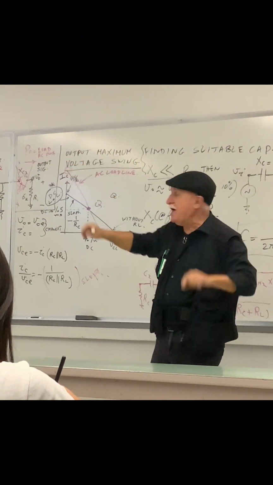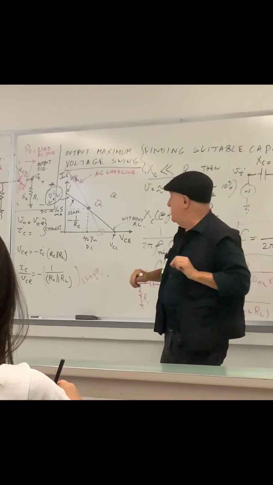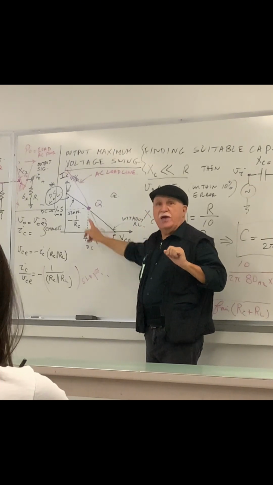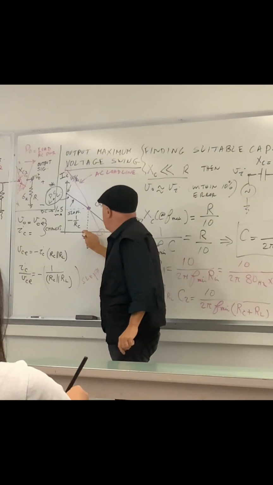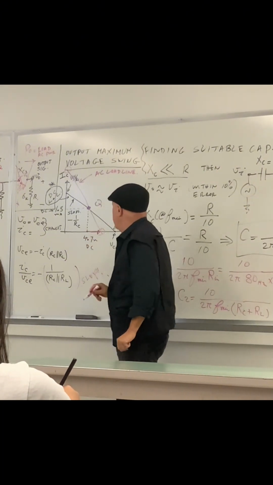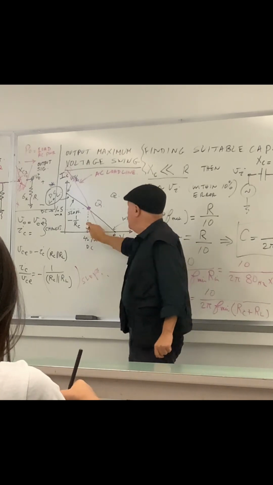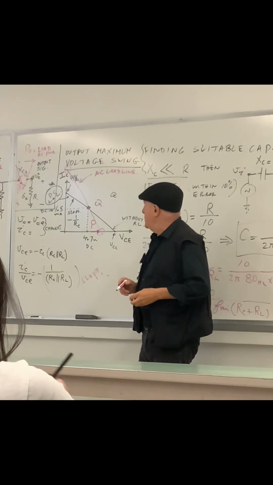Saturation current that will happen with RL, and the cutoff voltage that will happen with RL. These two ends. So your signal, when it comes in, your swing on the positive is only to the right, and this is called P.